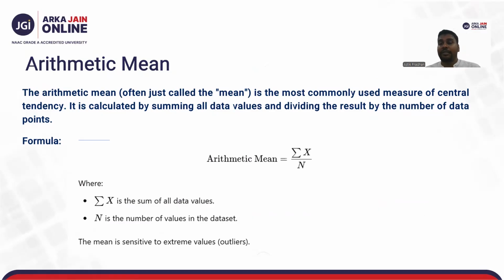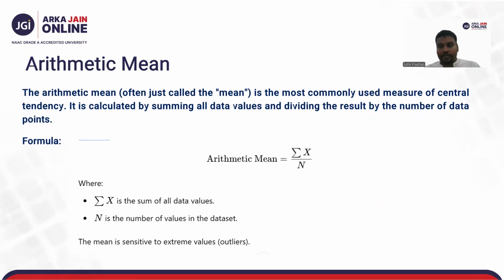Here we are adding 10 values from x1 to x10. So what will be the equation? The arithmetic mean equation will be summation of x divided by n, where n represents the number of values in the data set, and summation of x is the sum of all data values.